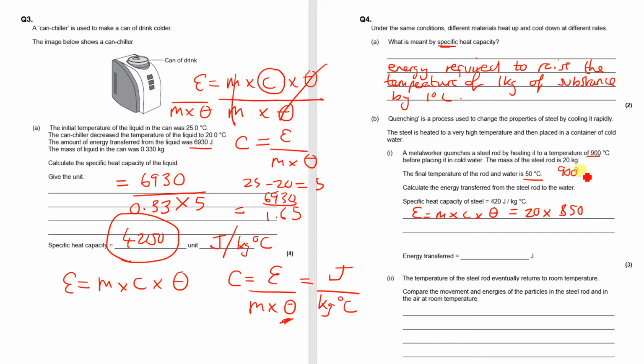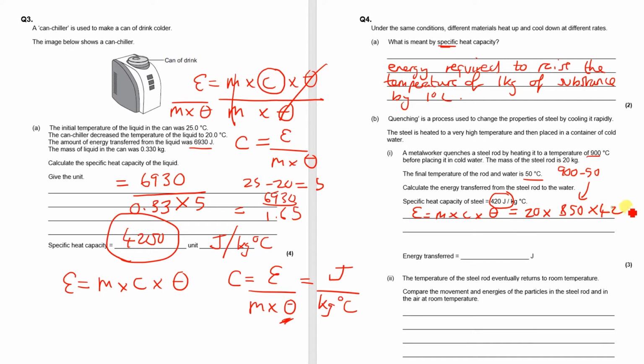Let's write that down. 900 minus 50 is equal to 850, and we're going to multiply that by the specific heat capacity of steel. You can see this is much lower than water. That's telling you it requires much less energy to heat it up or cool it down. So water has a very high specific heat capacity, and metals like steel have a very low specific heat capacity.